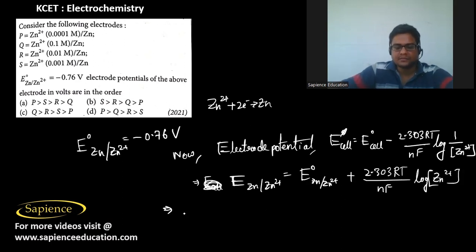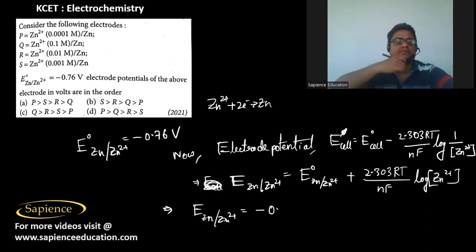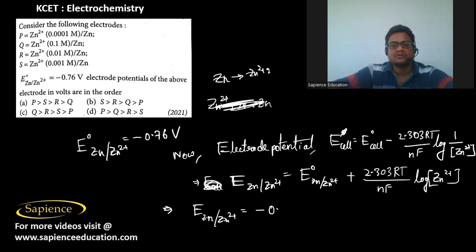So now we have to find this out. Here actually oxidation is happening, Zn is moving to Zn2+, so Zn gives Zn2+ plus 2 electrons.